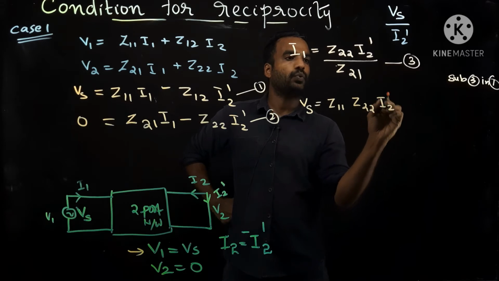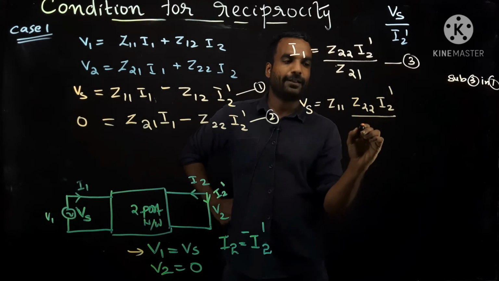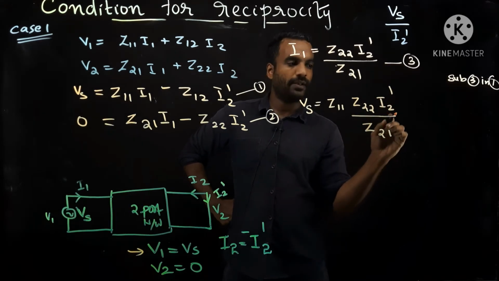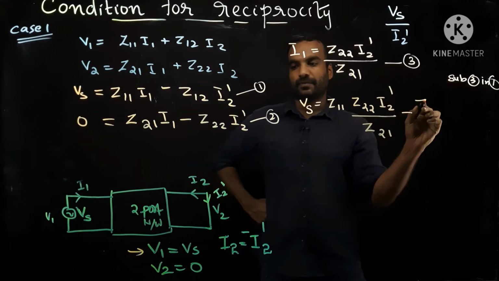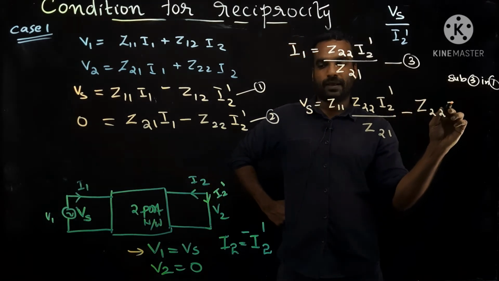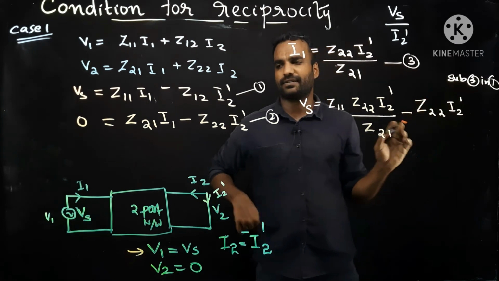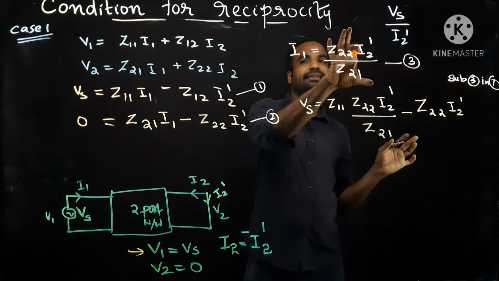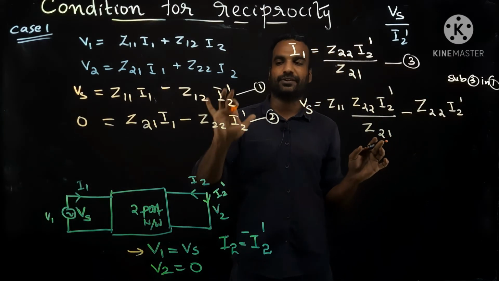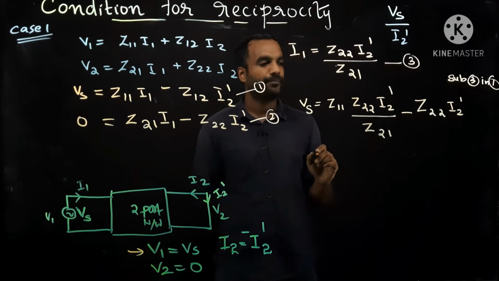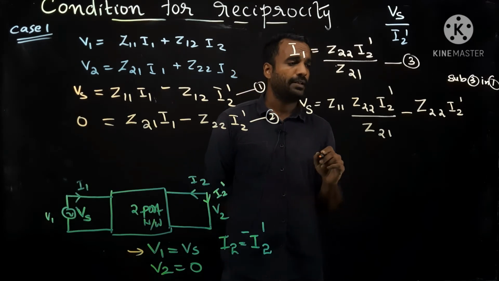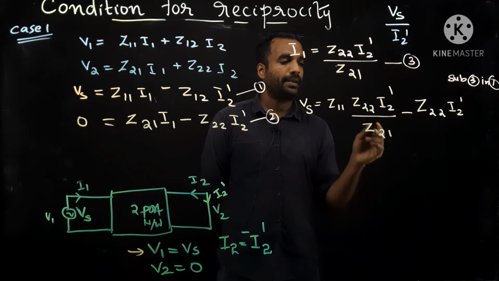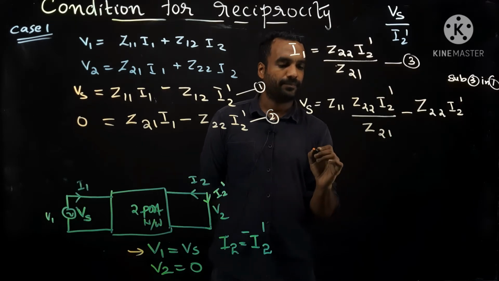Z22 I2 dash divided by Z21 minus Z22 into I2 dash. I just substituted this result in this expression, first equation. Okay. Now, let me make an LCM.